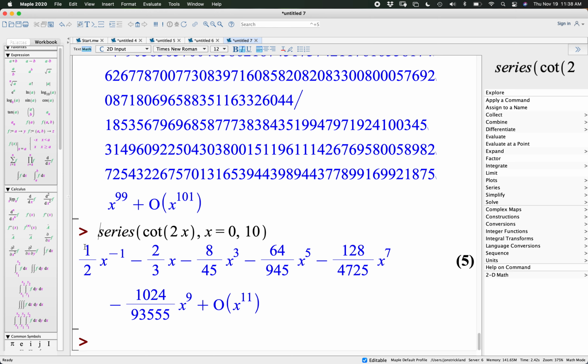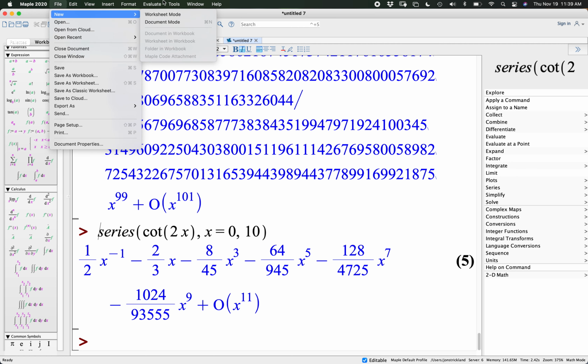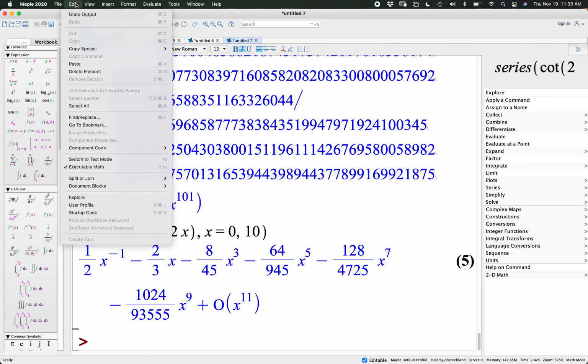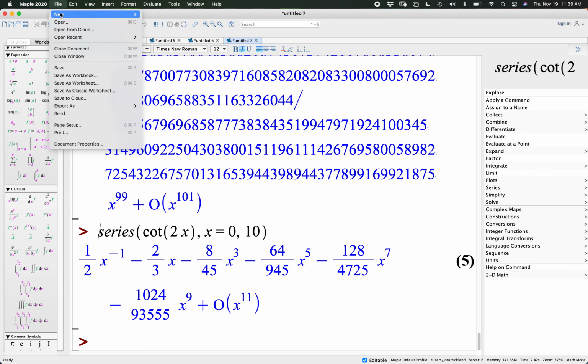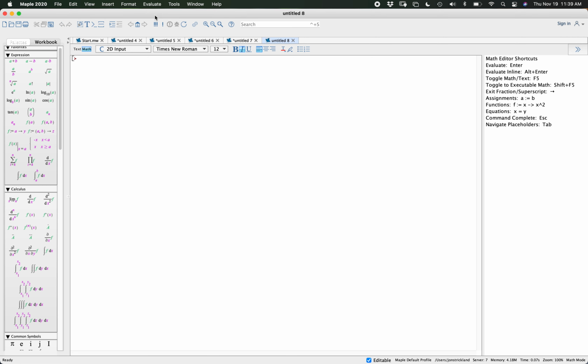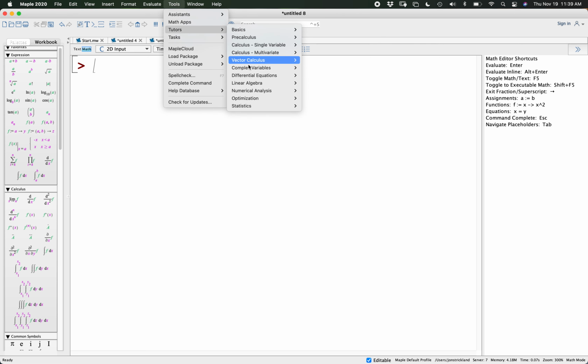Now, let's say when we looked into series solutions, and we say that if we have, okay, so we got tools, tutors, differential equations, ODE analyzer.